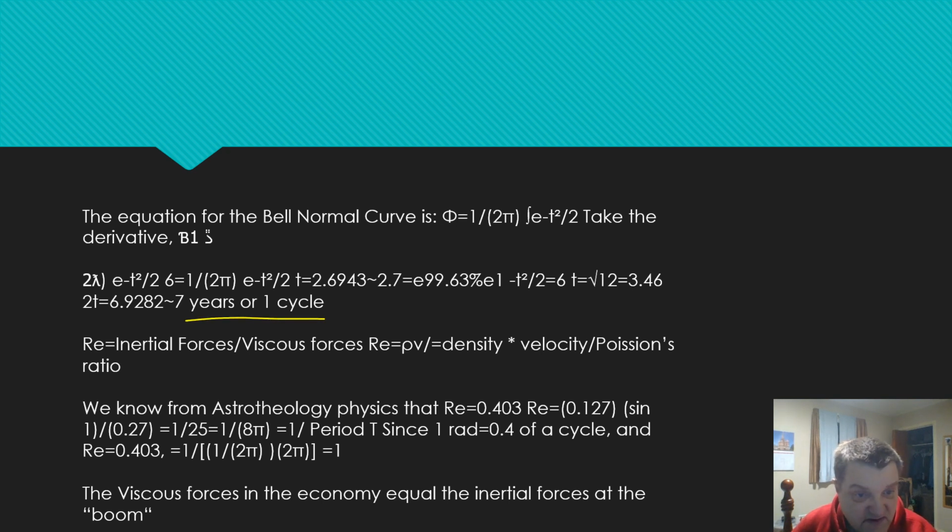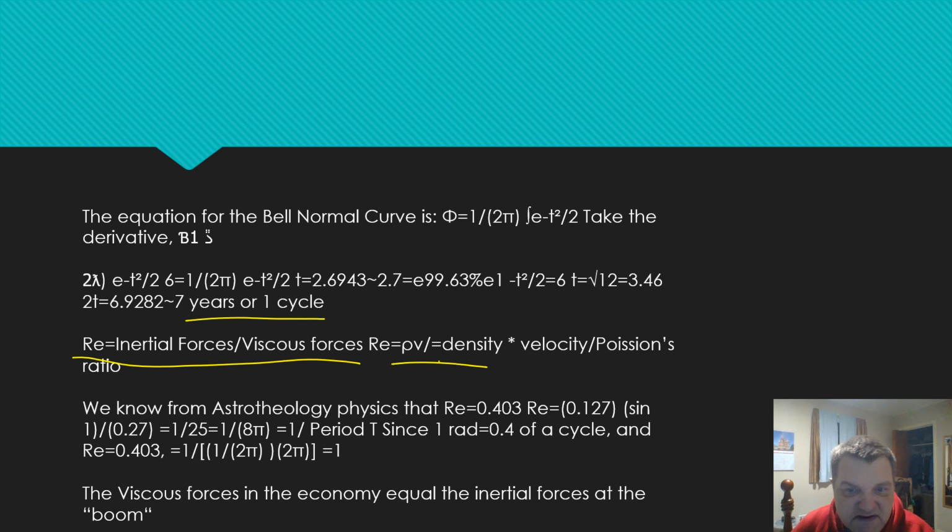So the Reynolds number is the inertial forces over the viscous forces, which is equal to rho v, which is equal to the density times the velocity times Poisson's ratio. We know from astrotheology physics that Reynolds number is 403.